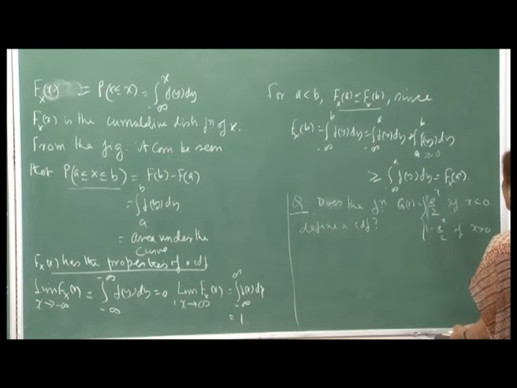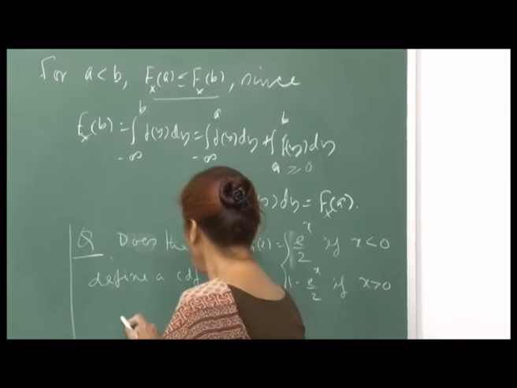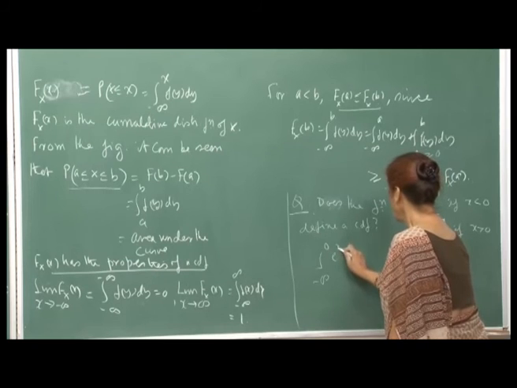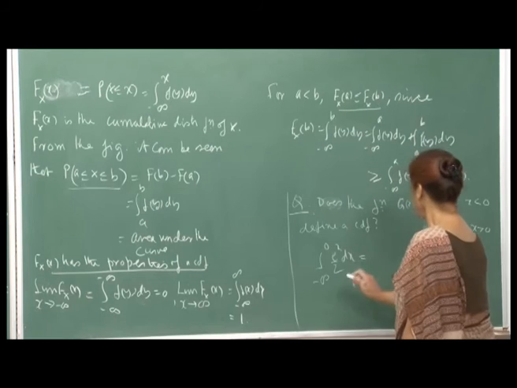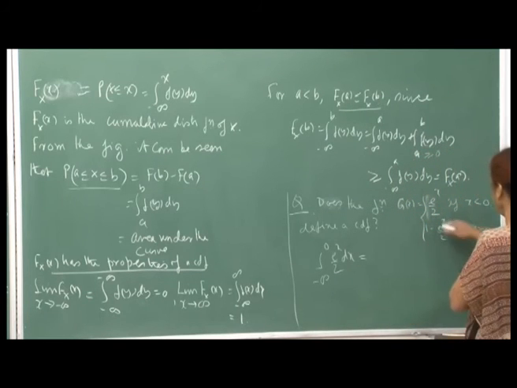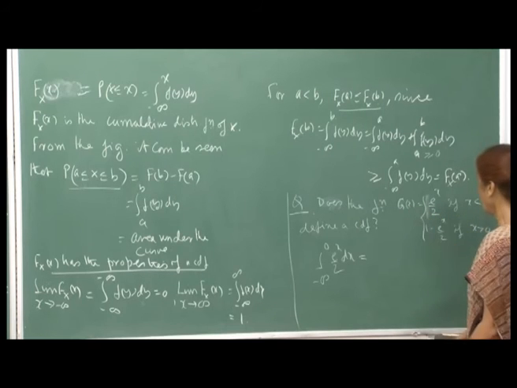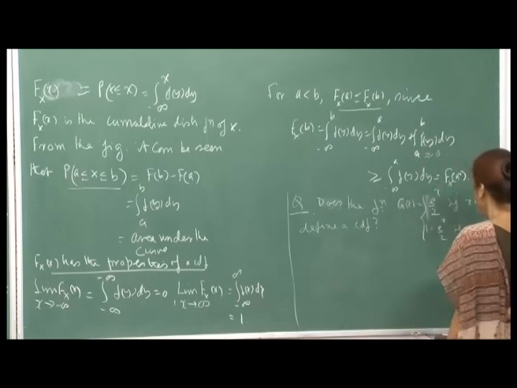We need to verify that for minus infinity. So that means you need to verify that the integral from minus infinity to 0 of e raised to x by 2 dx is equal to what? It should be 1 from minus infinity to infinity. No, sorry, I am showing that this is a CDF, so this is not PDF, I am not checking its PDF.